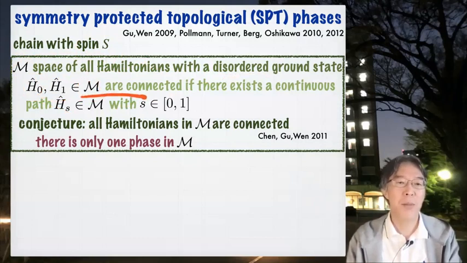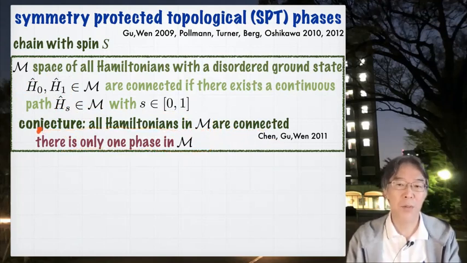We say that these two Hamiltonians are connected if there exists a continuous family, a path H(s), within M, so that every H(s) has a unique gapped ground state, where s runs between 0 and 1. So H(s) interpolates between H0 and H1. This is a very natural definition. There is a conjecture by Chen, Gu, and Wen that all Hamiltonians in this big space M are connected. In other words, there is only one phase in M.